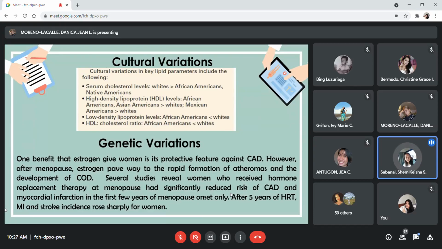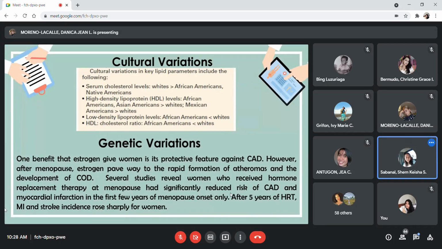However, as the studies continued, it revealed that after 5 years of HRT, myocardial infarction and stroke incidence rose sharply among women. So that is why HRT is still not recommended as a means of reducing the risk of heart disease or stroke in women of menopausal age. Although we can still use it as treatment for severe menopausal symptoms in women, but only for the first few years. So those are our cultural and our genetic variations.